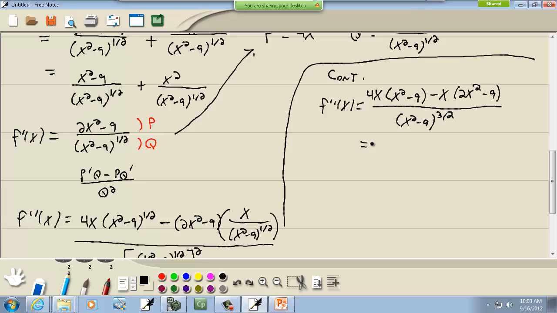Okay, let's get rid of the parentheses and combine like terms, see what happens. 4x times x squared gives us 4x to the third. I'm lying to you. I didn't think they had anything in common, but I see it now. They both have an x, don't they? So I can factor that out first. And that leaves us 4 times x squared minus 9 minus 2x squared minus 9 over our denominator.